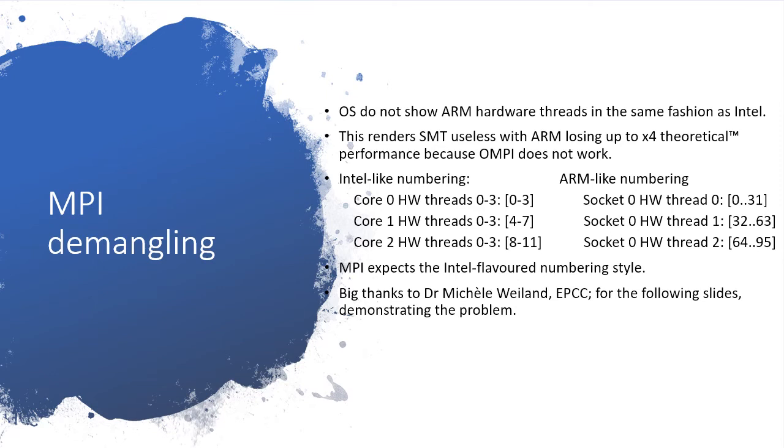As displayed in the comparative examples running under simultaneous multithreading 4, the Intel format has unique cores between CPU sockets, and each thread is numbered in ascending order from the first core. In ARM, each socket has 4 threads, each one of them having 32 variants. In the end, each machine has 256 threads, but the numbering is quite different. An example of this behavior is presented in the following slides.